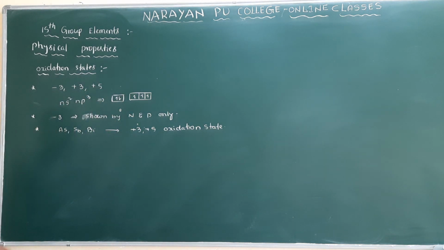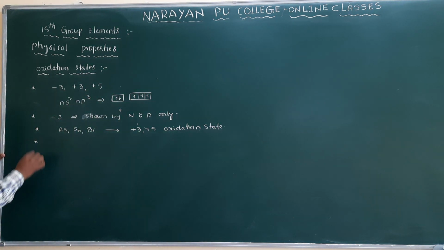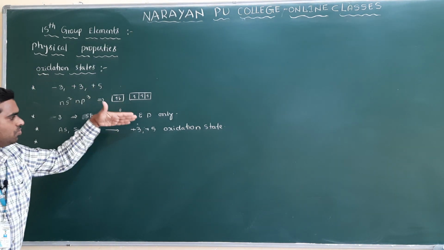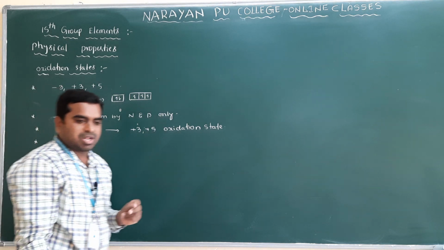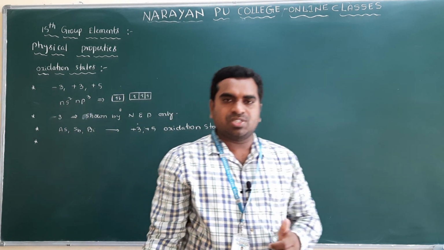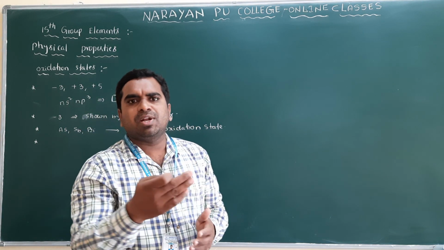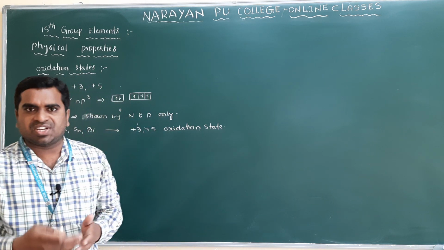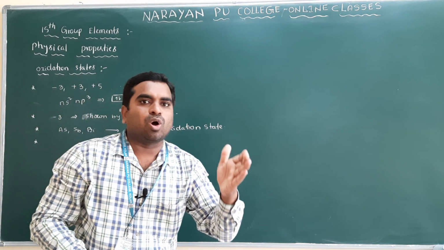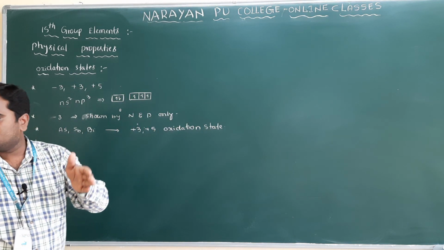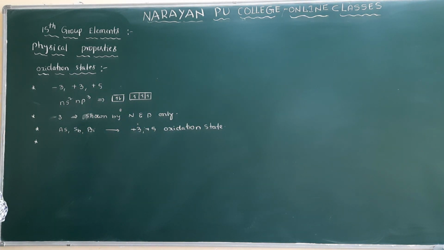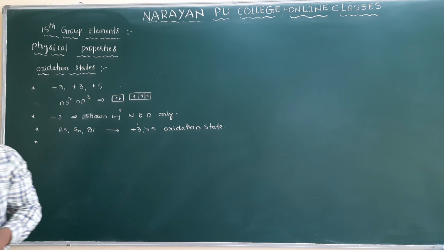And you know that when you are moving down, consider the stability of oxidation states. The stability of the +5 oxidation state decreases down the group. Why does it decrease down the group? Because of the inert pair effect, which you already know.